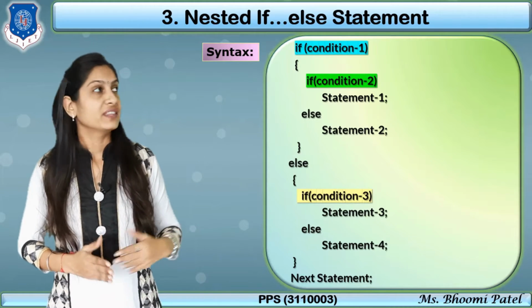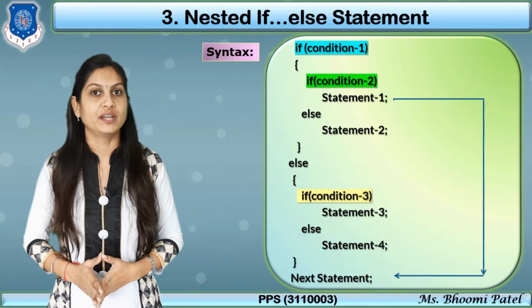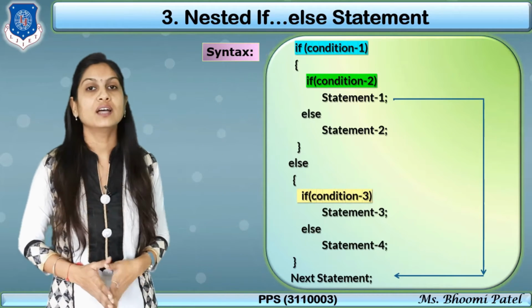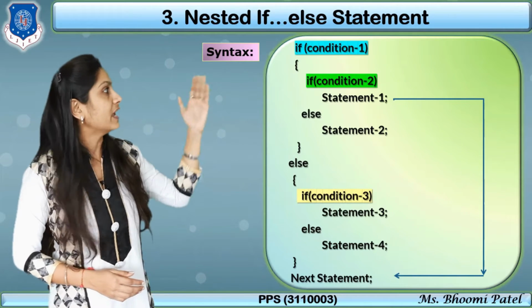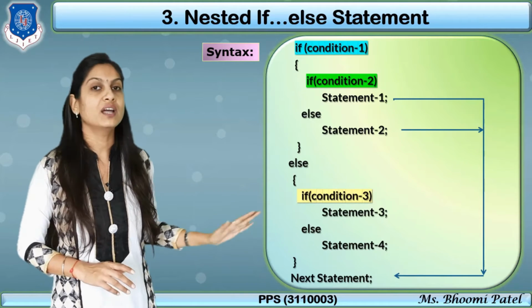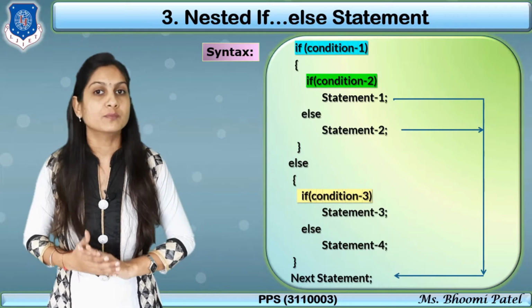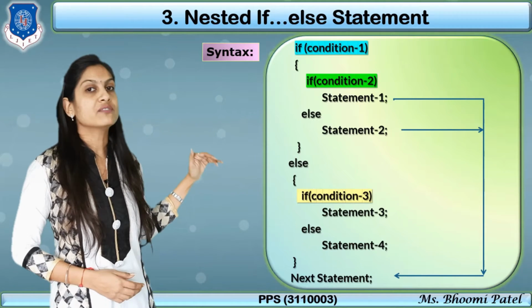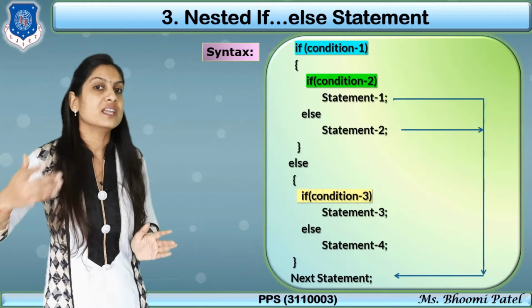If it is true, then statement 1 will be executed and the cursor moves to the next statements. If the second condition is false, then statement 2 will be executed and we move to the next statements. And suppose our first condition becomes false, then the else part for that if will be executed.